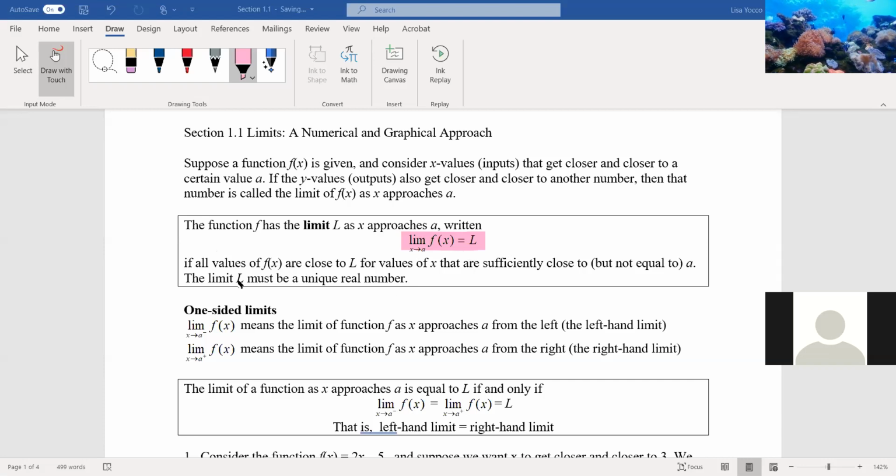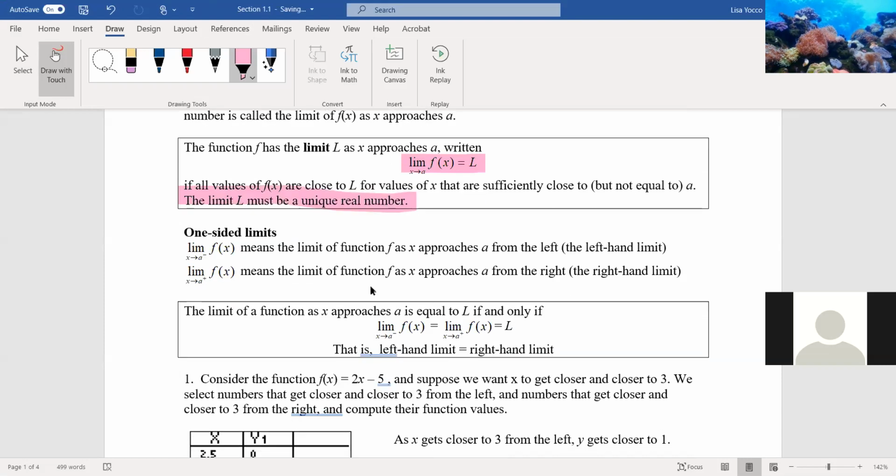What in the heck does all that mean? And it also says the limit L must be a unique real number. So a limit is generally a number. Sometimes it's not defined, but if it is defined, it's a limit.